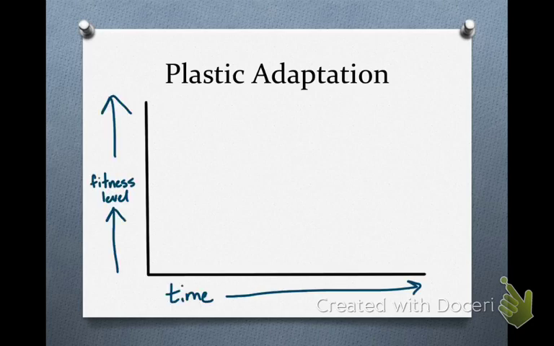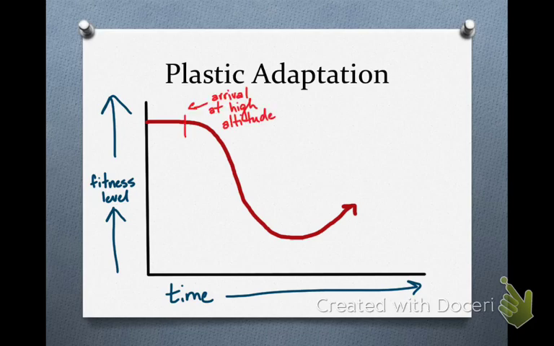So at normal elevation, you're going to have a certain level of fitness, and if you go to a high elevation, your fitness level is going to drop, and then as you acclimate, it should start to increase again. And so what's going on here? Well, in that high elevation, you have a lower oxygen environment.